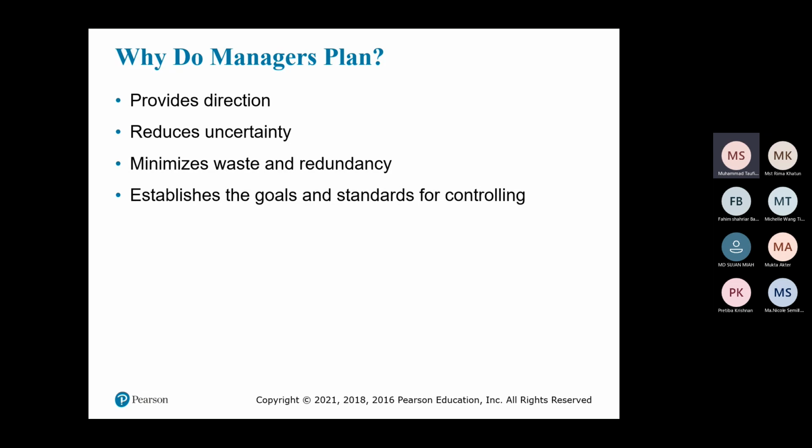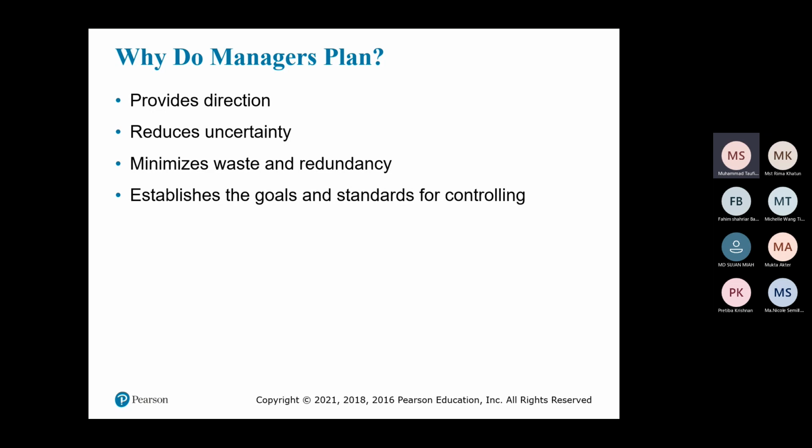Okay, so when people clearly understand, when people clearly can see what the direction is, what the aim is, what the goal is that they have from doing their job, then you can also reduce waste and redundancy of resources.